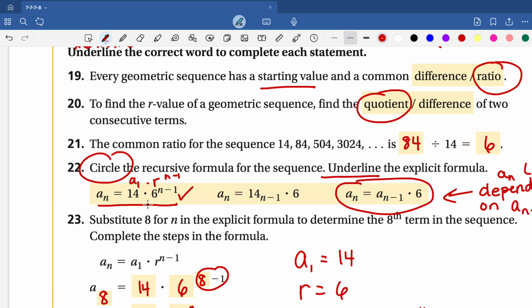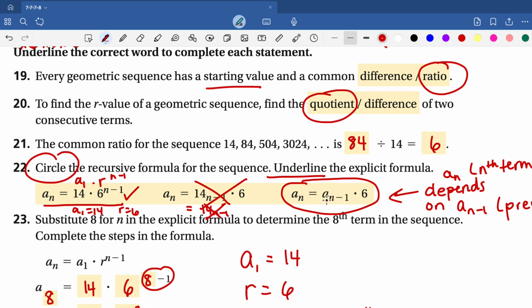Your 14 is a1, and r here is 6. And that does match. For this one, we're saying that a sub n, your nth term, is equal to 14 with a subscript of n minus 1. We're not really calculating here if we do that, so that doesn't really make sense, so we can't use this formula.